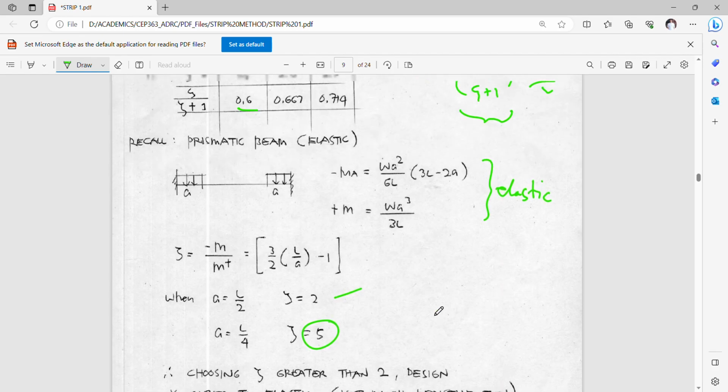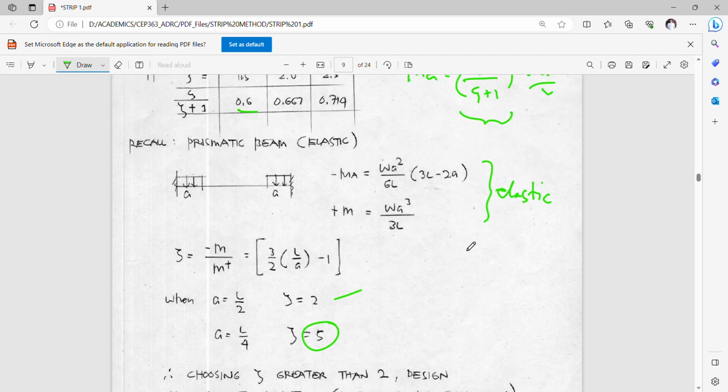Okay, so this is just to test the results if we use the elastic moments given to us in our basic mechanics of structures.